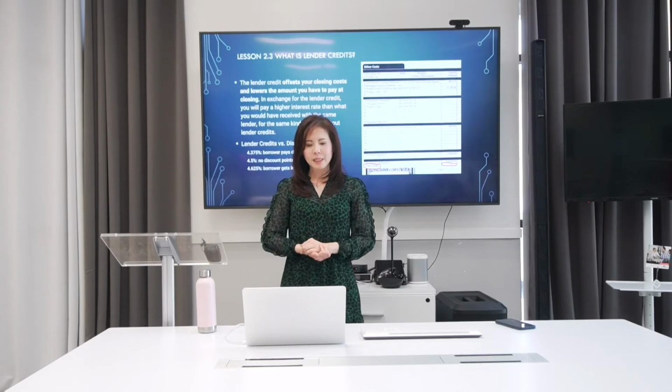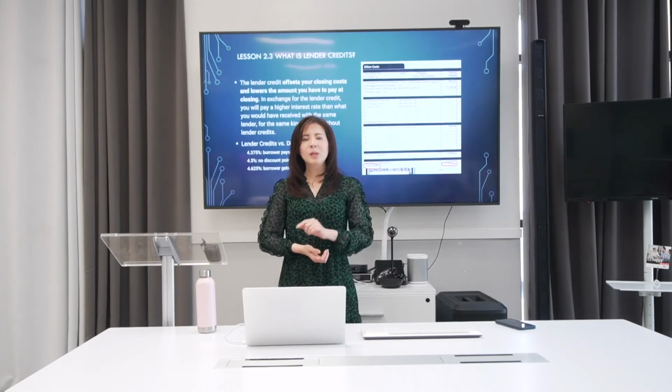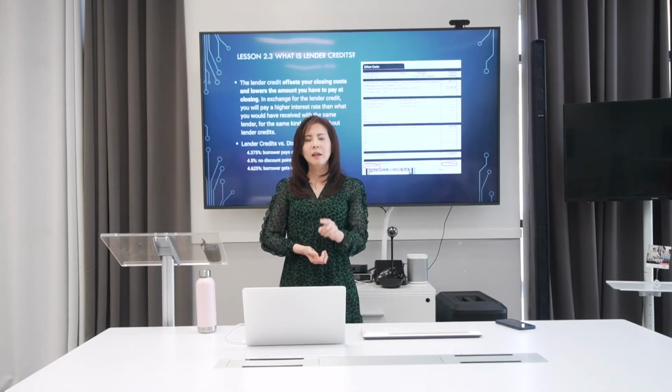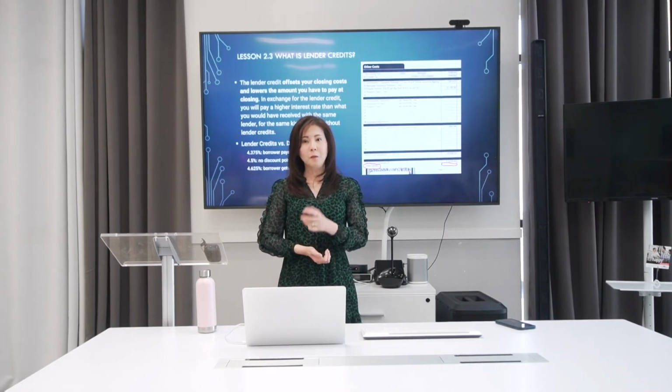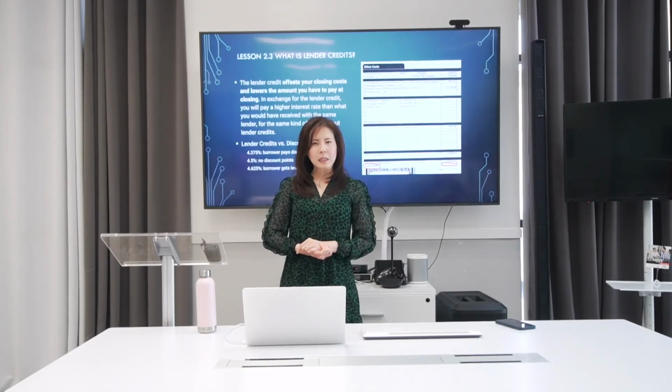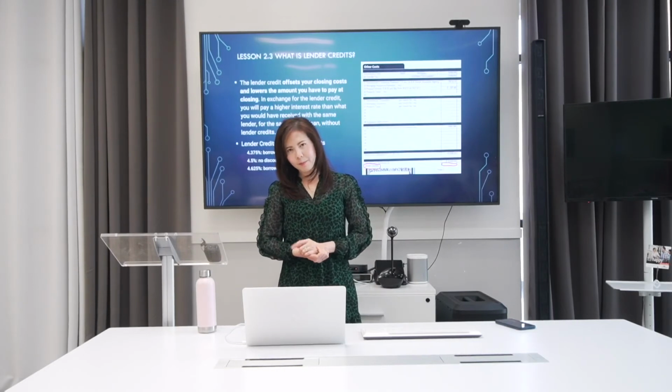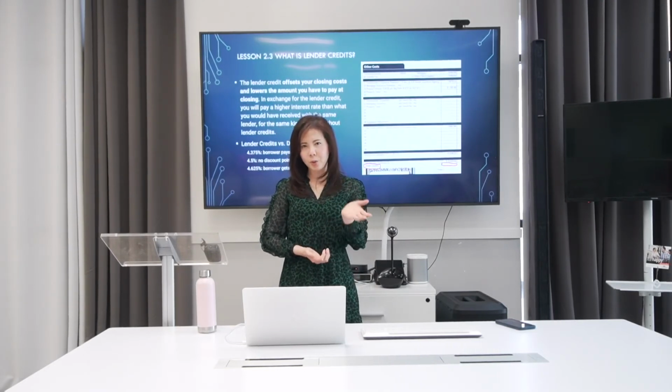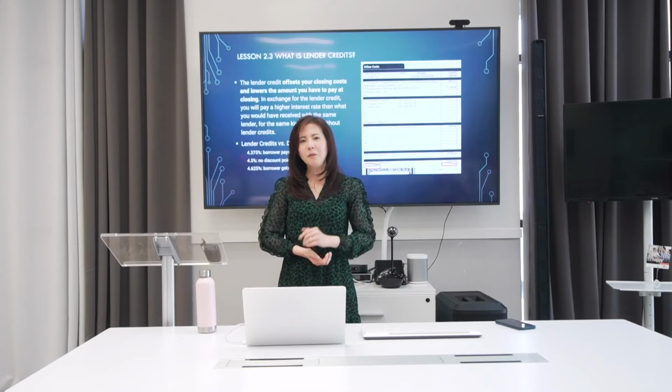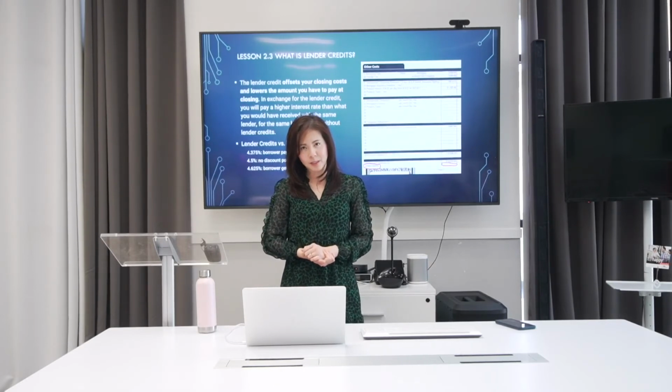Let me give you an example. At 4.375% interest rate for a 30-year fixed, in this case, the client had to pay $825 for discount points. If the client said, I don't want to pay for discount points, I'd rather have a higher interest rate and pay no discount points, then the lender offers a 4.5% interest rate.